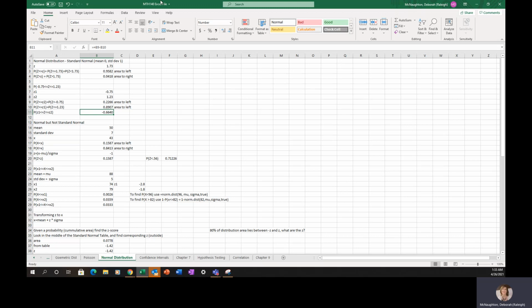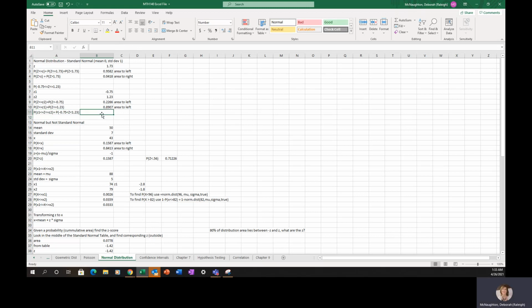Okay, so the first one is the area to the left of negative 0.75. The second one is the area to the left of 1.23. And then to find the probability that negative 0.75 is less than Z, and again, it doesn't matter if I say less than or equal to, is less than 1.23, that's what this is.